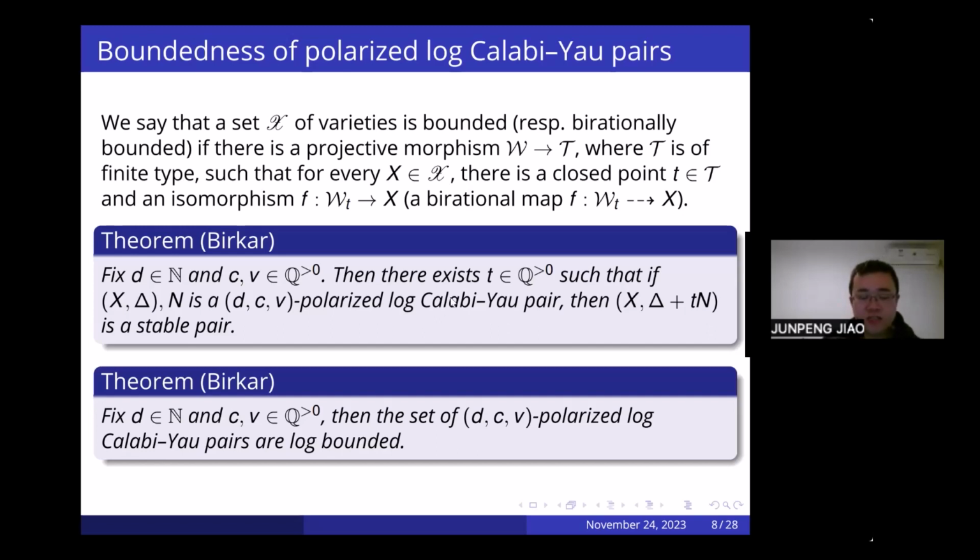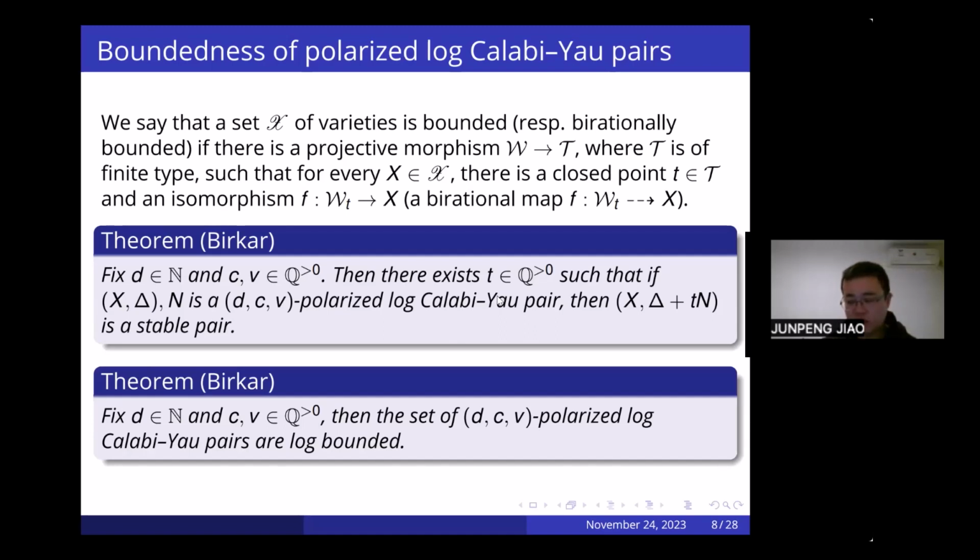First, he proves that given the fixed dimension D, coefficient C and volume V, there exists a positive rational number T only depending on D, C, V, such that if (X, delta, N) is a DCV polarized log Calabi pair, then (X, delta + TN) is a stable pair. This T is fixed, it has a lower bound. For a general polarized log Calabi pair, we know there may be no lower bound.